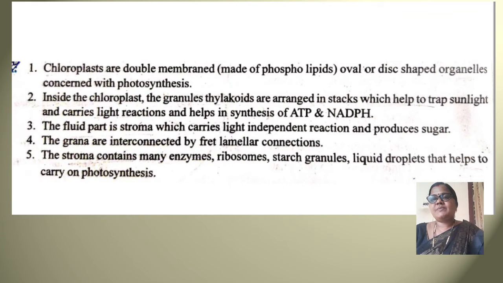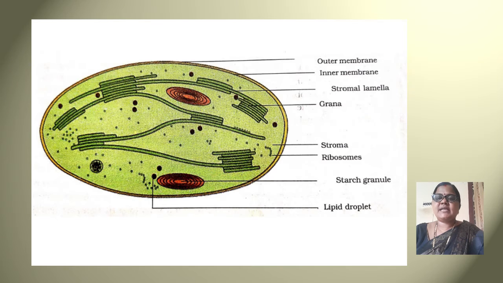This chloroplast is present in the mesophyll cells of the leaves, which are responsible for carbon dioxide fixation. Now, this is the diagrammatic representation of the chloroplast. See, this is the structure of the chloroplast.